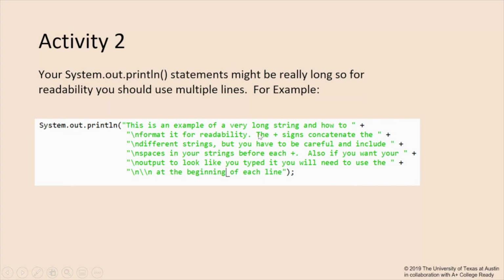So the plus just means this is all going to be part of the same block of code, and the \n means new line. So this will print a very long string, and on the next line, that \n makes it go to the next line, formatting it for readability, and so on. So that's the way you do it if you have a really long block of text that you want to print. All right, so let's look at the starter code.